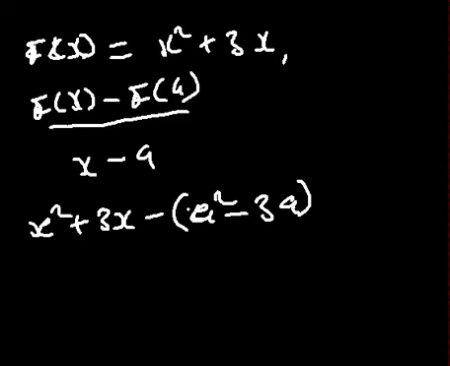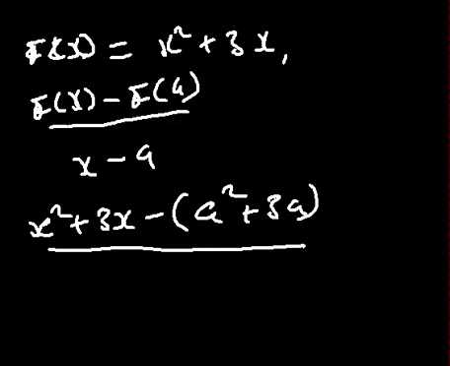That's why I missed it: I forgot to have this one as a negative as well. So we have a squared plus 3a, divided by x minus a.